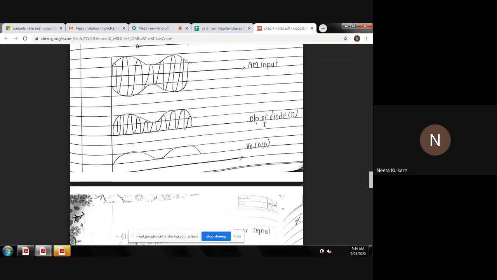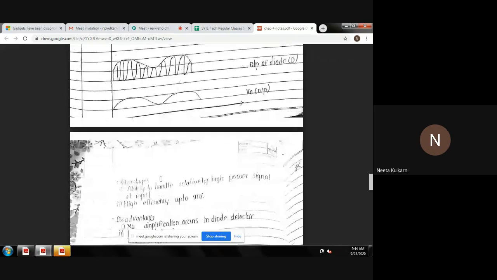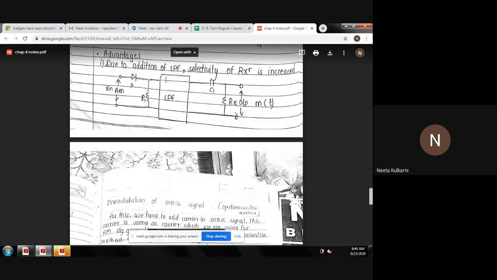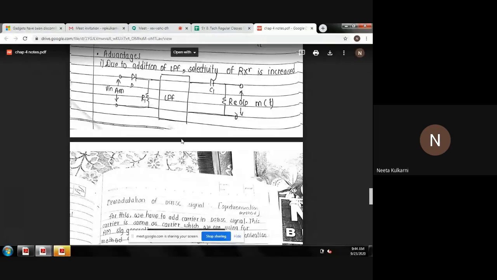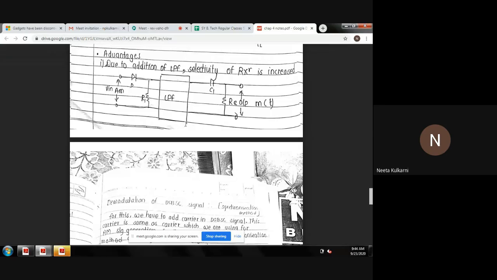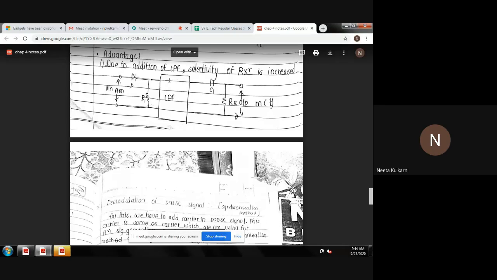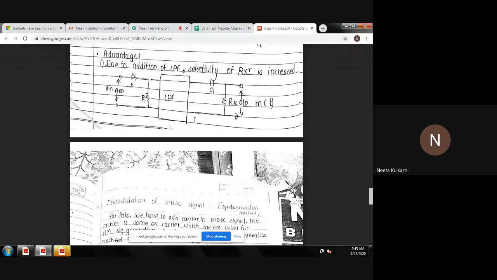That is the output of the diode. And then again at the output of the diode, this resistor is again filtering the signal, and in front of the resistor a low pass filter is used, which will remove the high frequency components, and just low frequency components will be present at the output of this low pass filter. And in front of the low pass filter this RC filter is used, which will give the exact modulating signal.